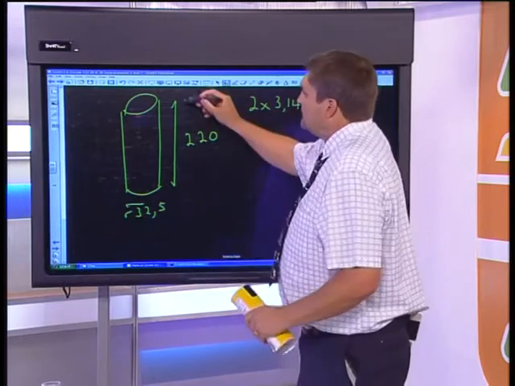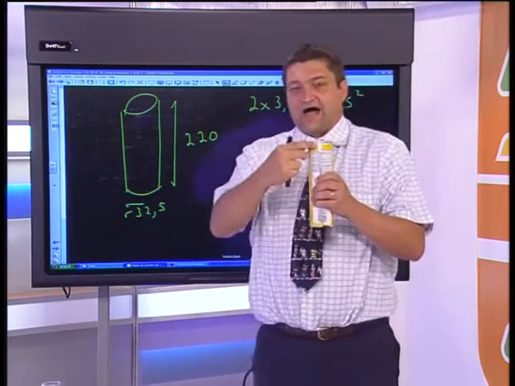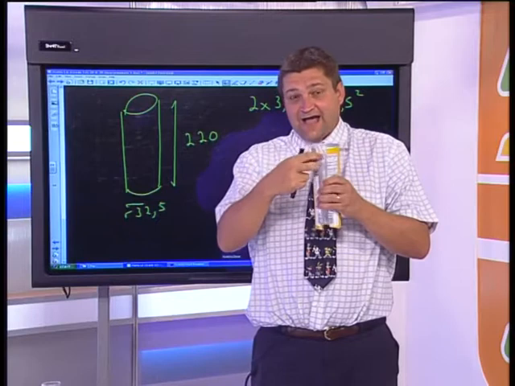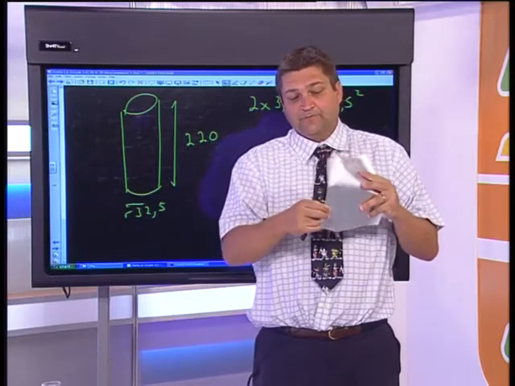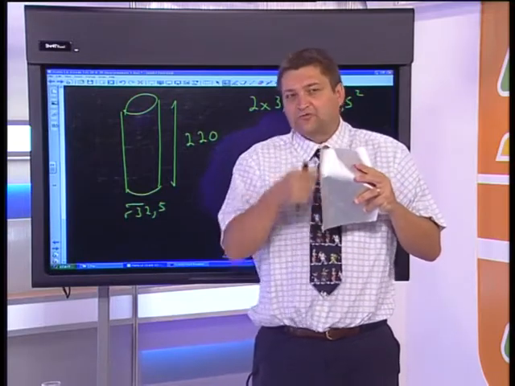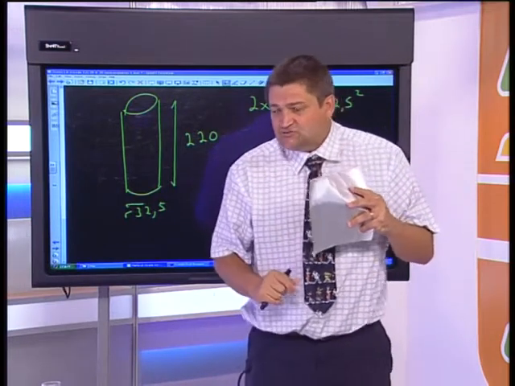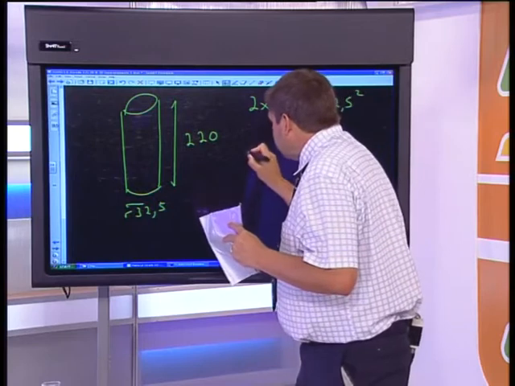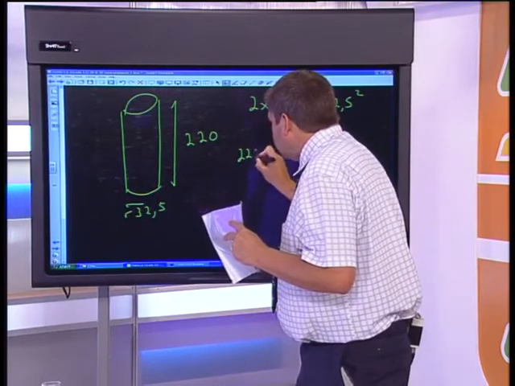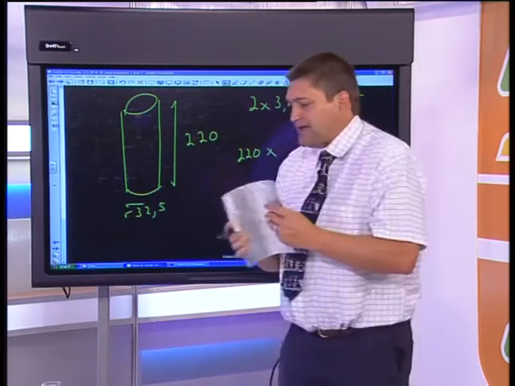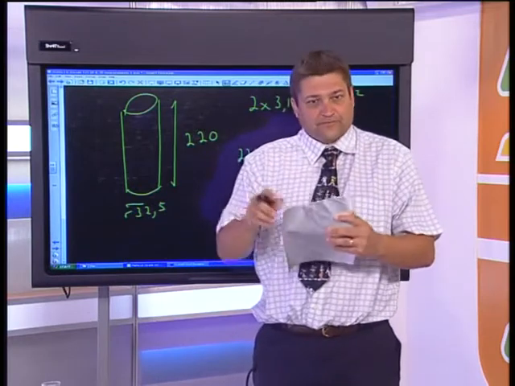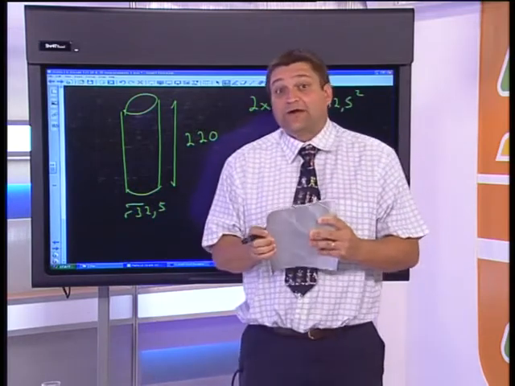So how do I calculate the area of this whole part? We know the height, which is the same as that length. We measured this and it was 220. So that hasn't changed. My surface area is still 220 multiplied by the breadth. But we don't know what that breadth is.